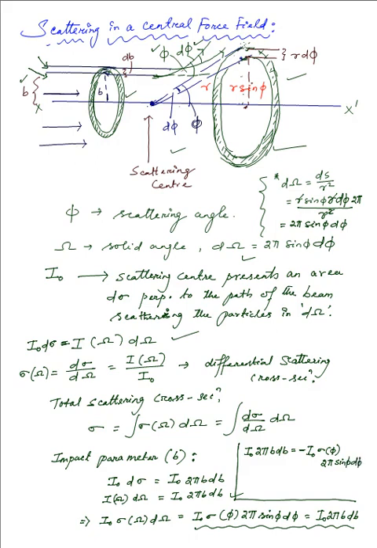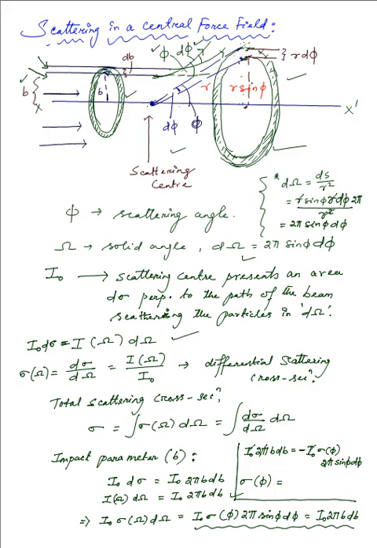And with the 2 pi terms cancelling and the I naught terms cancelling, what we end up with is sigma of phi, that is the scattering cross section over that strip that we have represented in the diagram. We have eliminated the d omega, that is the solid angle term, and we have reduced it to the plane angle phi.